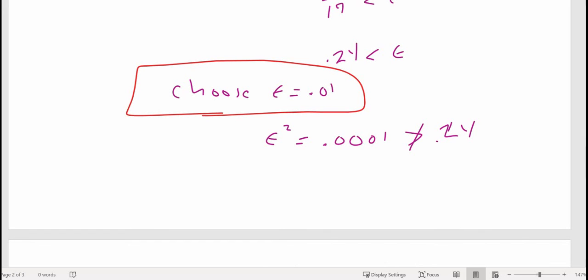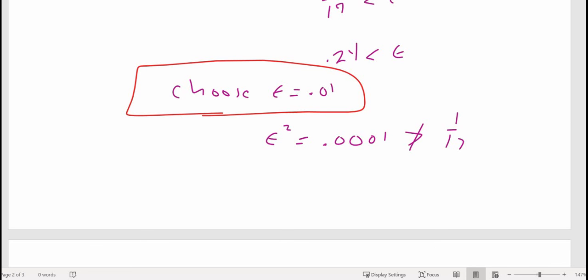So in the textbook where it chooses epsilon to be 0.01, that's just a convenient number to pick. Epsilon squared should be less than 1/17. You could pick 0.001, and in fact, 0.1 would work. It is kind of an arbitrary choice in the sense that there are multiple choices you could make.